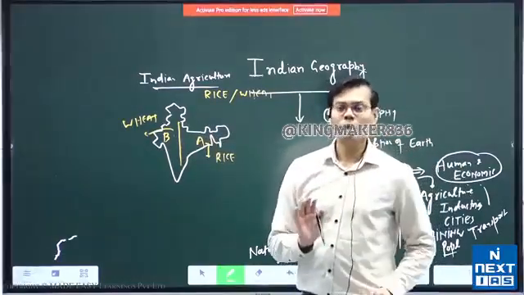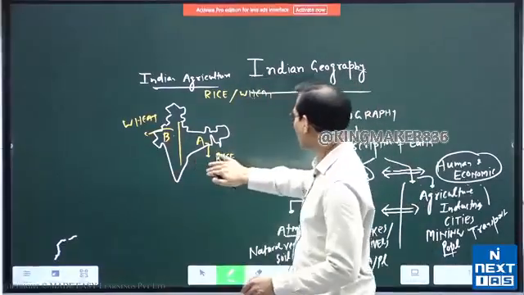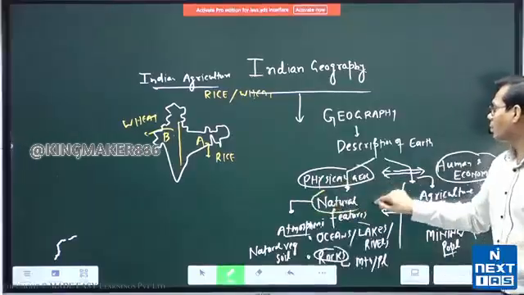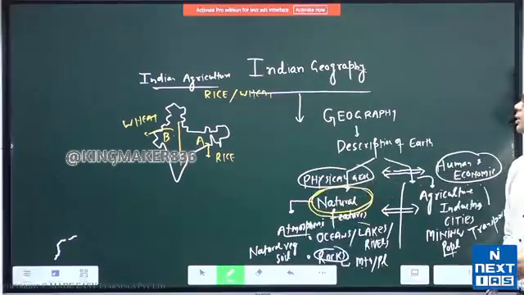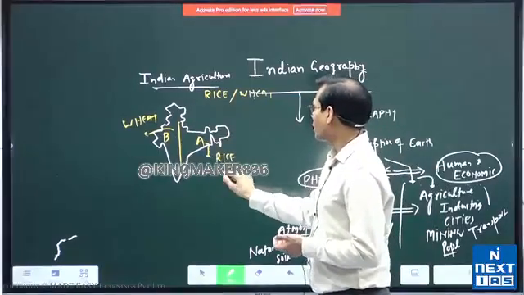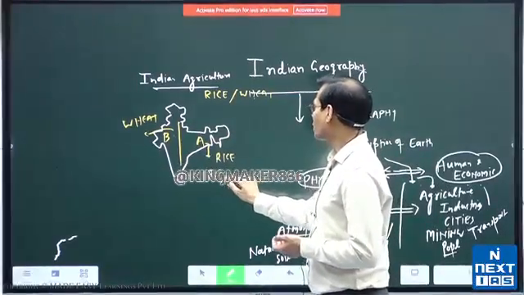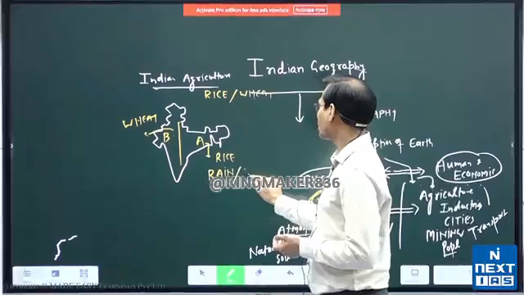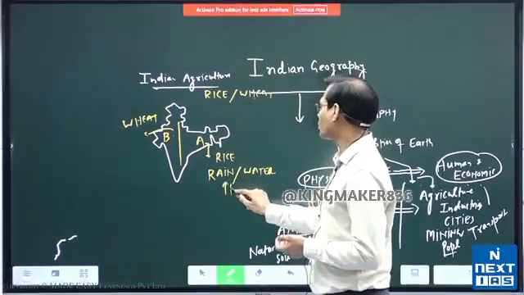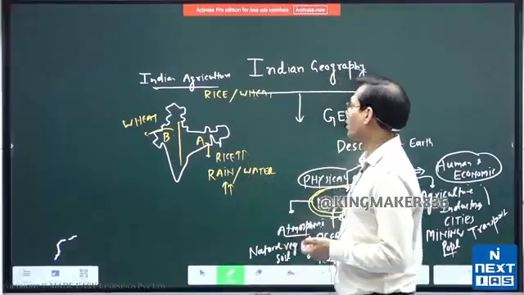Naturally, on which ground do we say that one area is good for rice and one area is good for wheat? What are the natural aspects of that? Yes, rainfall. The eastern part of India has more water, more rain. And rice demands more water, so there is more rice in that area.